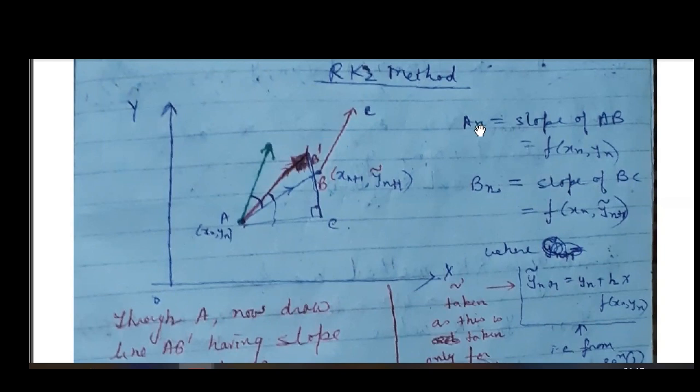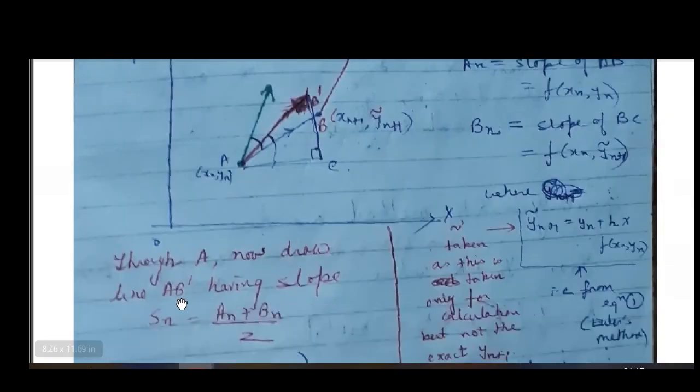So first this was taken, then another line segment was drawn. This was of slope An, BC was of slope Bn, and through A we draw a line AB dashed having slope Sn. What is Sn? Half of An plus Bn. That means half of this slope plus half of this slope.